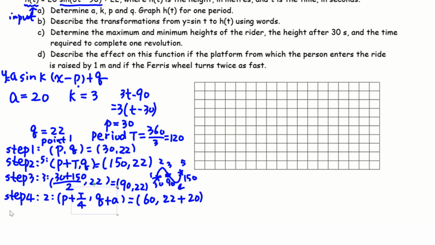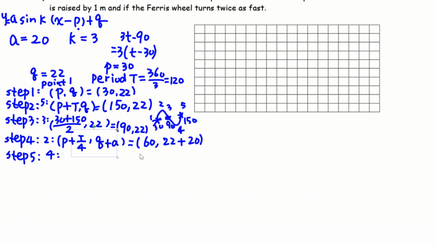Okay. And step 5. We have one more point to find, the lowest point, point 4. That is the middle of 90 and 150. So it's the middle of 150 and 90, which is 120.